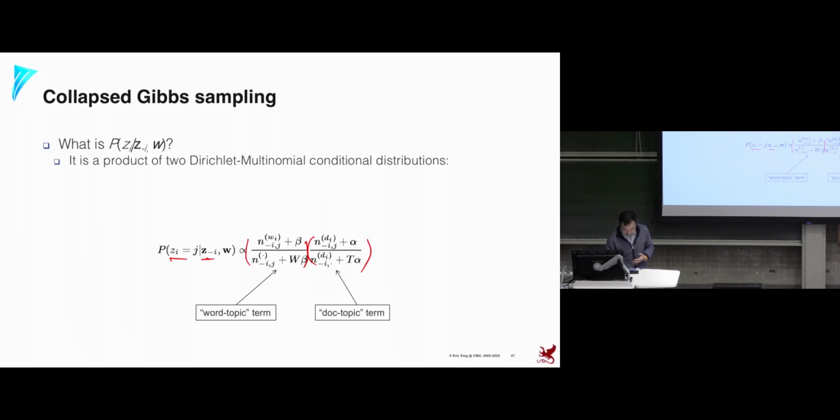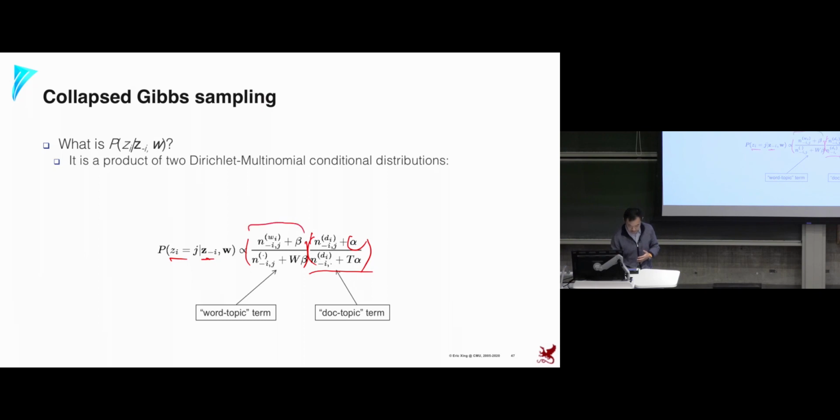You can see these are the document topic term, which, remember, is the hyperprior of the topic weight prior. And these are the number of times a particular document appeared in a particular topic. And this is the weighted normalizer.